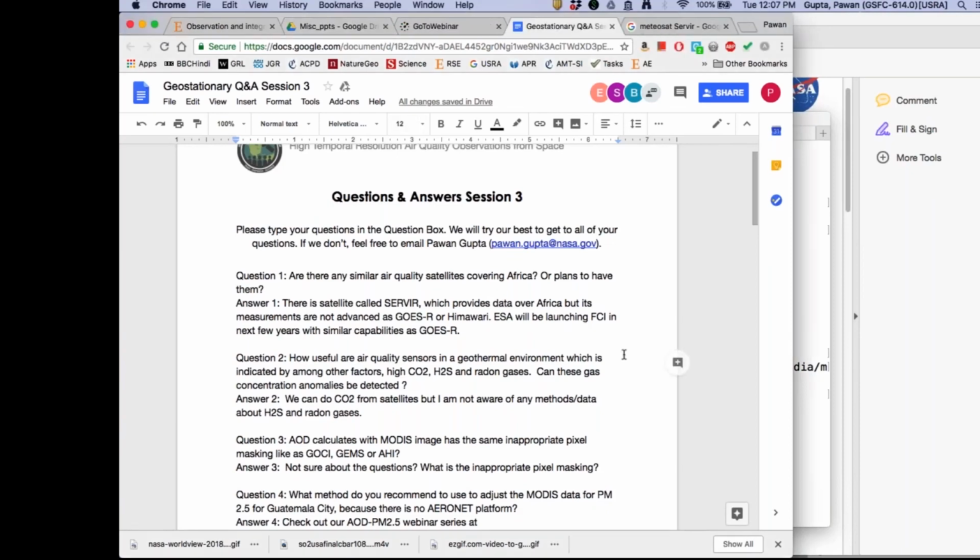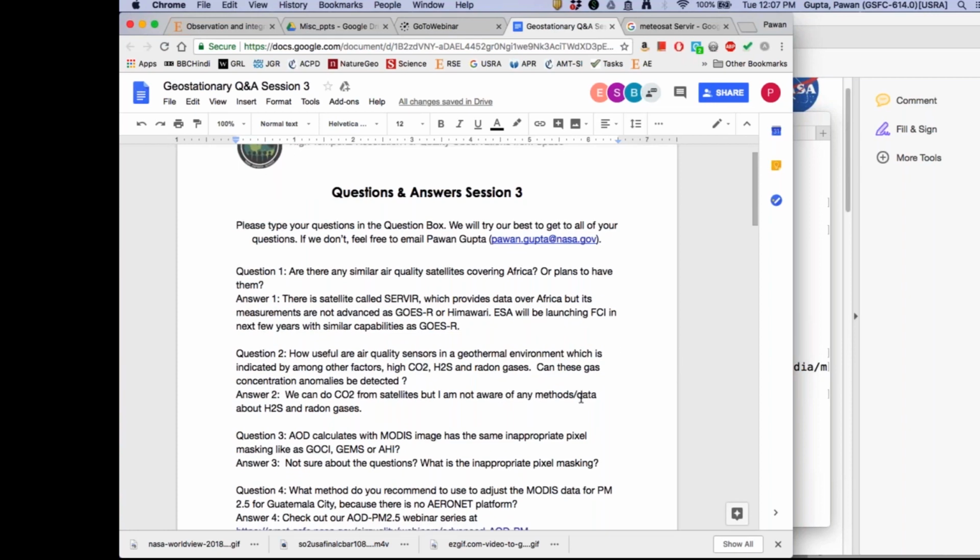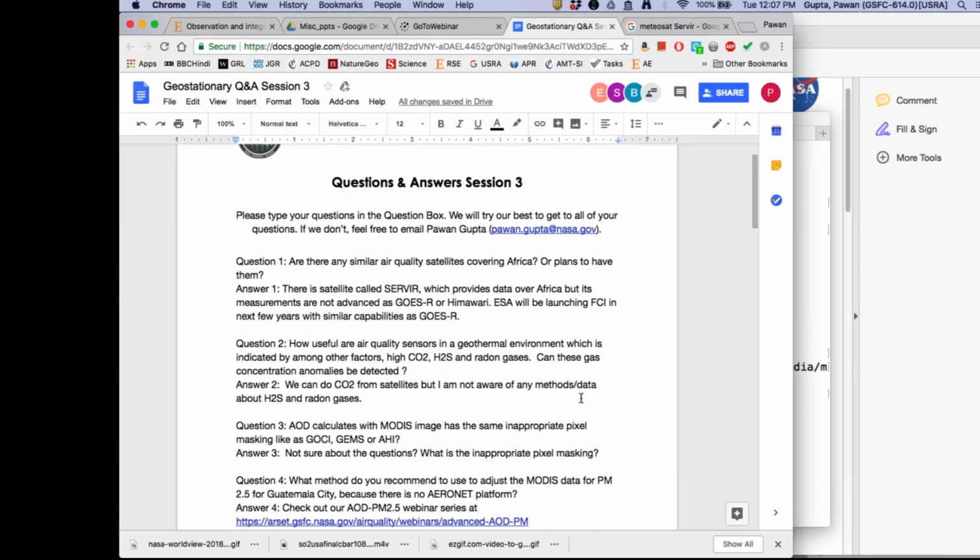So the first question is, are there any similar air quality satellites covering Africa or plans to have them? There is the satellite or sensor called Surveyor, which is on board one of the Meteosat satellites by the European Space Agency, which provides data over Africa.